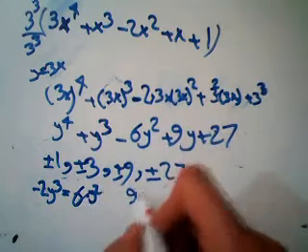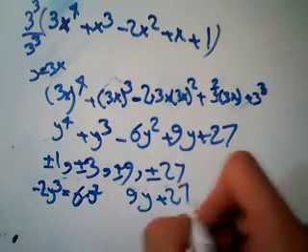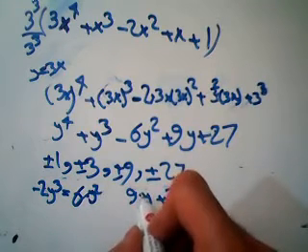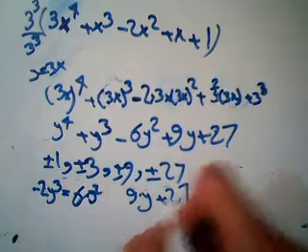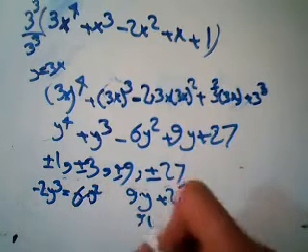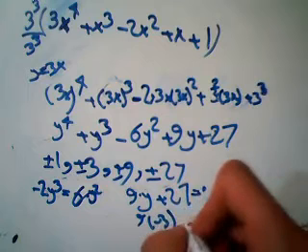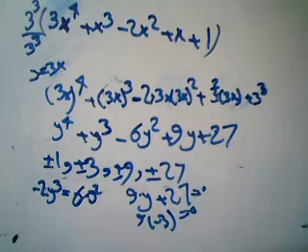We got 9y plus 27, which, if you substitute minus 3 into that y, would be 0, 9 times minus 3 plus 27. Okay, so y equals minus 3.